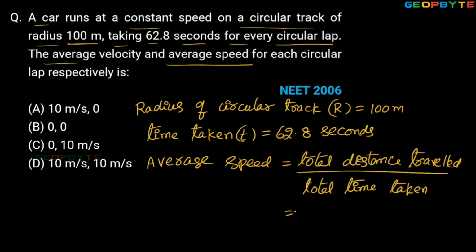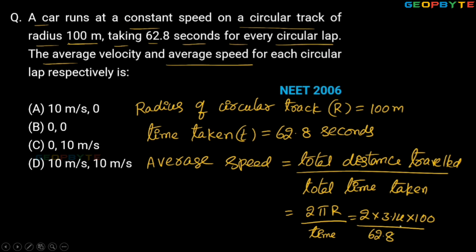For a circular motion, total distance traveled equals 2 into pi into r, divided by time taken t. It is equal to 2 into pi value 3.14 into r value 100 divided by 62.8.